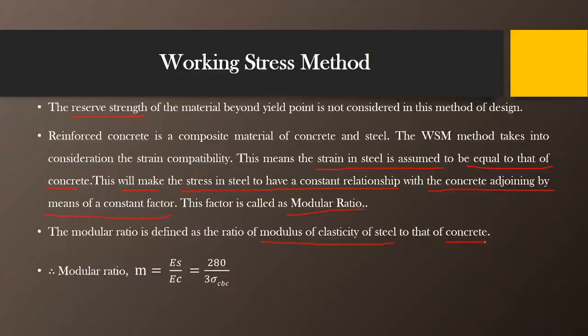Generally this modular ratio is expressed by small m, which is equal to Es by Ec, and this can be obtained by using the relation 280 divided by 3 sigma cbc, where sigma cbc is the permissible stress in concrete in bending compression. Due to this modular ratio, the working stress method is also sometimes referred to as the modular ratio method.